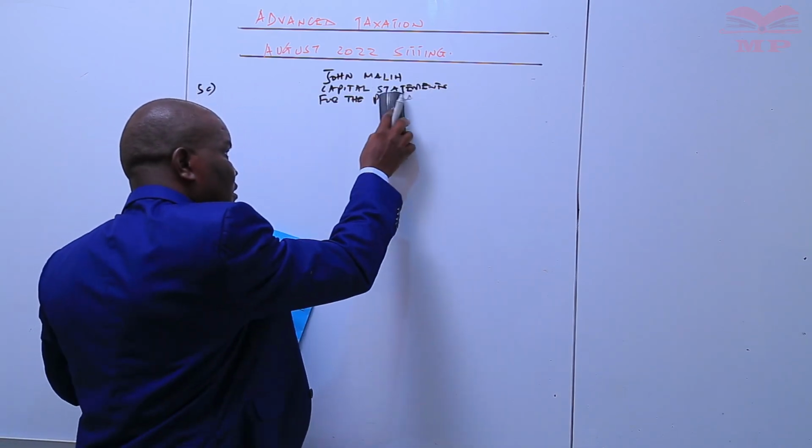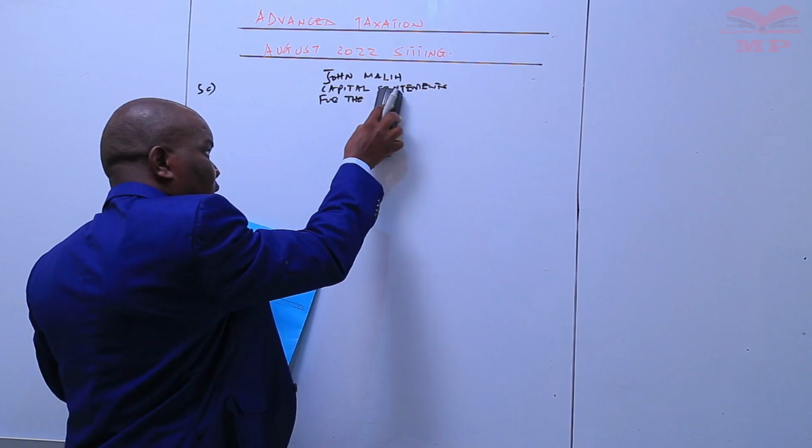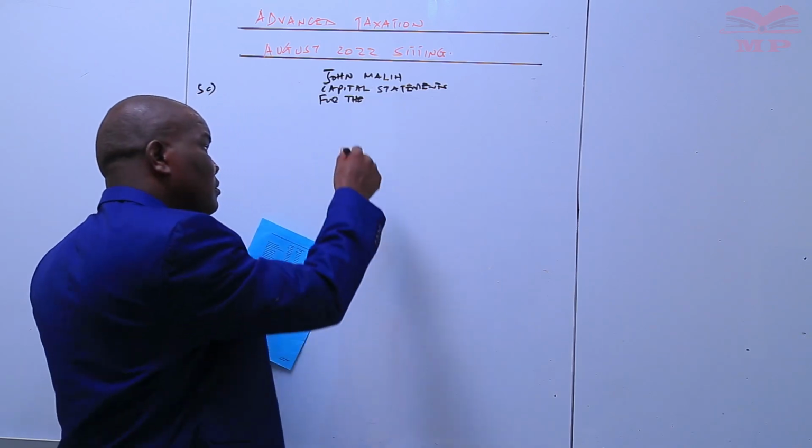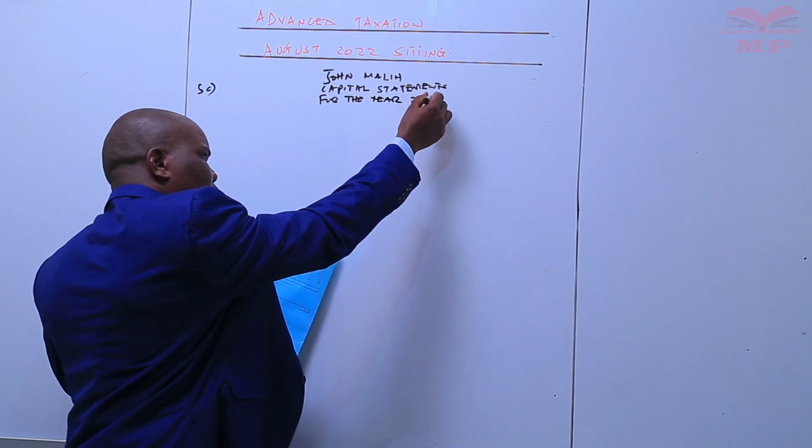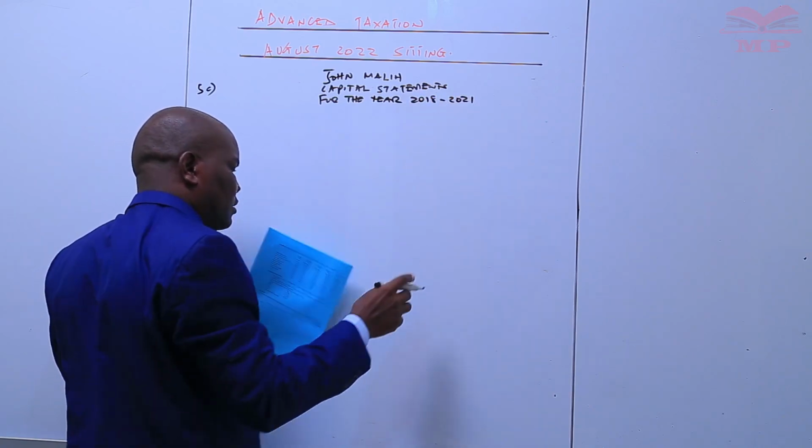In this case, the periods are in years. Let's say for the year 2018 to 2021.